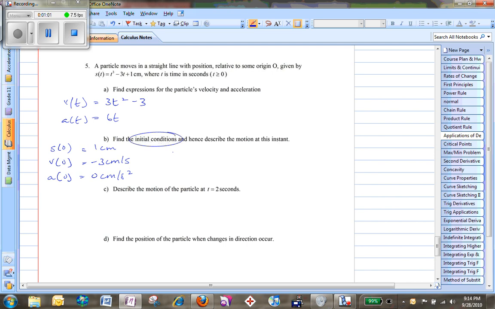This means that this object starts 1 centimeter to the right of the origin and is moving left at 3 centimeters per second with a constant velocity.